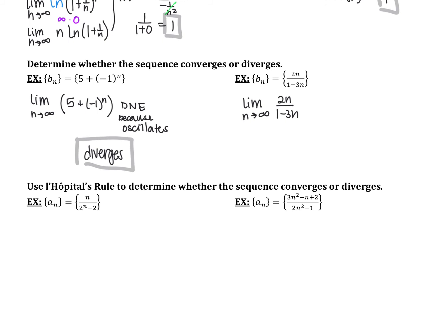I know when those degrees are the same, really all I care about are these terms here, 2n and negative 3n. As I go to infinity, the result of this is just going to be 2 over negative 3. So we can say that this converges because the result is finite.